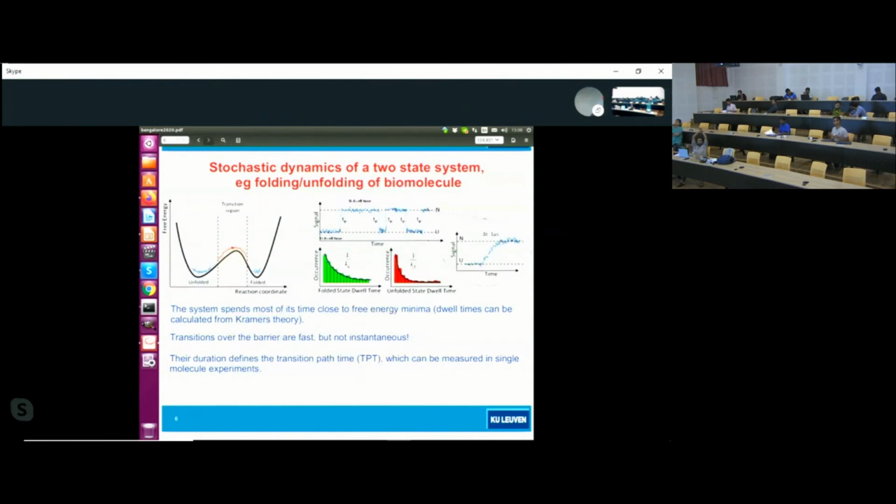Do you understand? And then if I do a good job, I would have good statistics in between, and I would have a nice landscape in this transition region. You see that what you see in this transition region is not a perfect parabola. Does it answer your question?